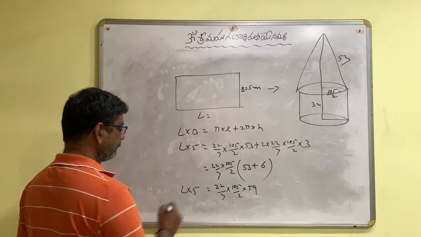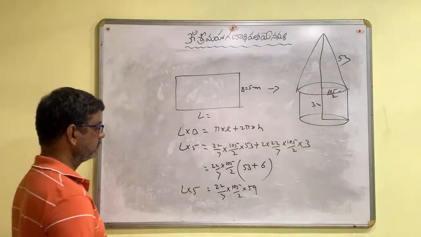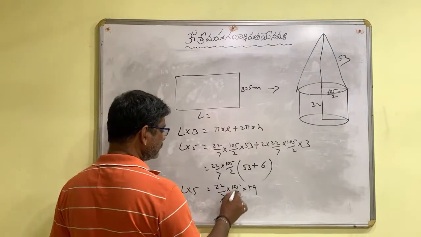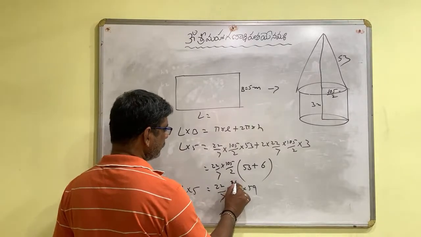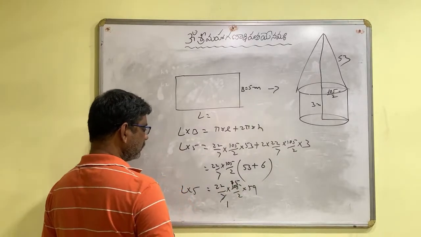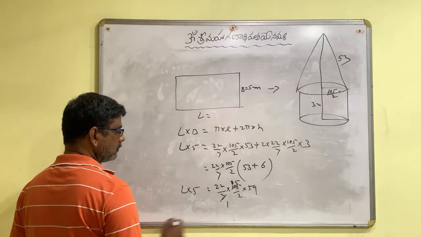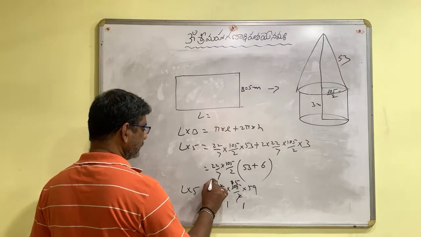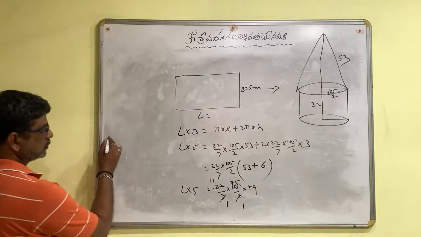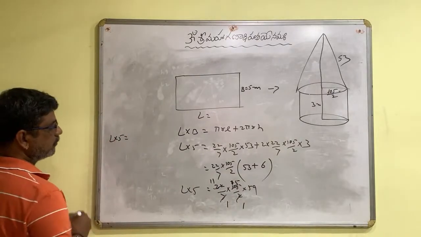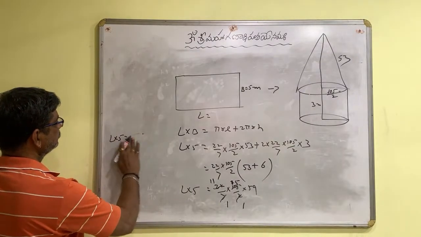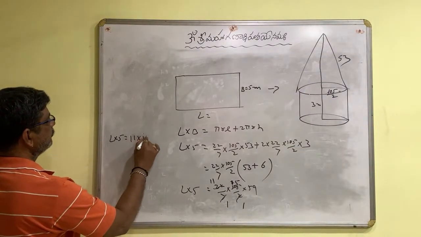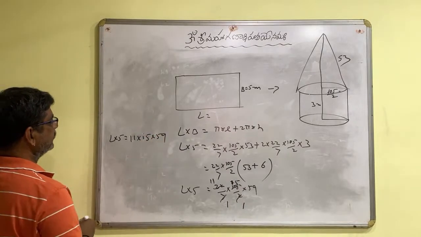L into 5. 7 ones are 7, 7 fives are 35. 2 ones are 2, 11. So L into 5 is equal to 11 into 15 into 59.